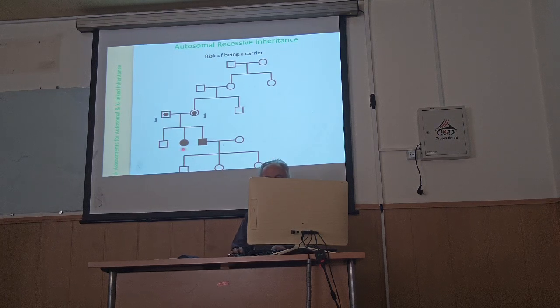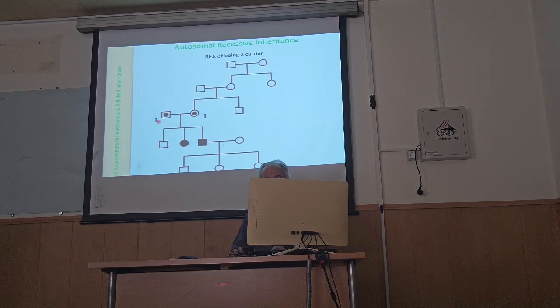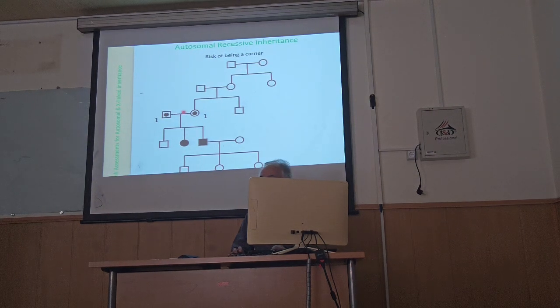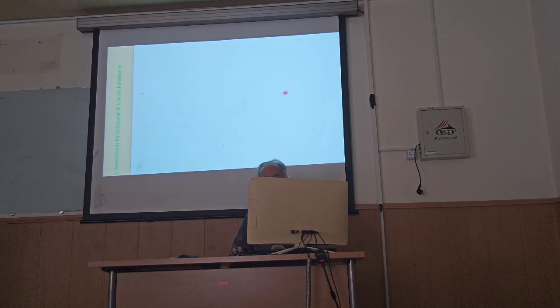For example, the parents of an affected individual are 100% carriers. One step further, the risk is reduced by 50%, so it is 1 out of 2. One more step further is 1 out of 4 to be a carrier.